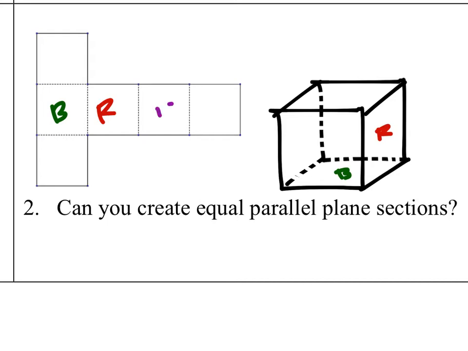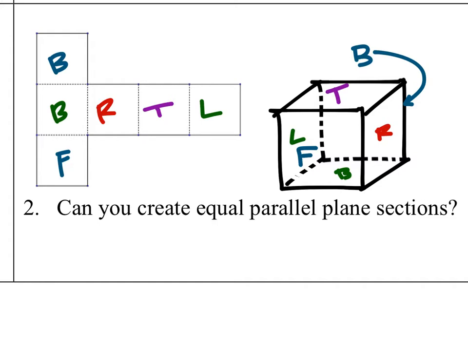This right here is the top. This would be the left portion. And then you have the front, in the front, and the back, in the back. So, can you create equal parallel plane sections on this one? Yes.